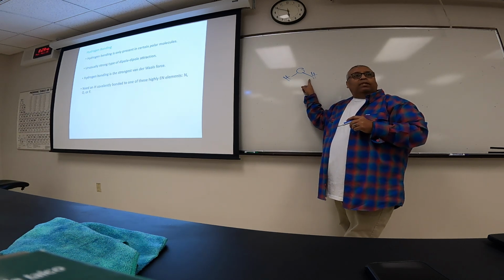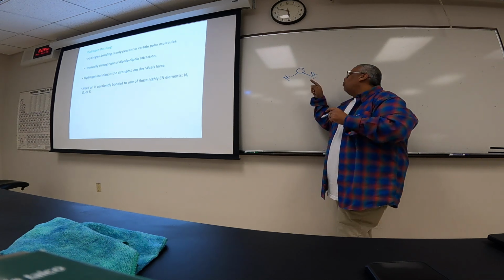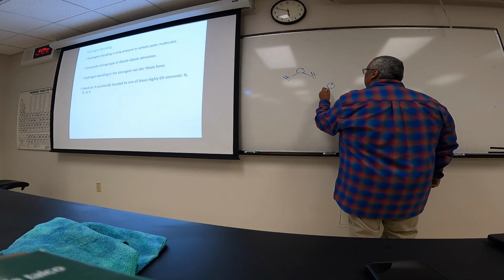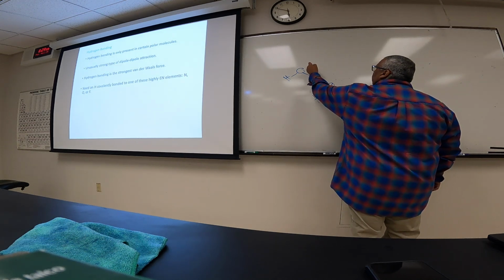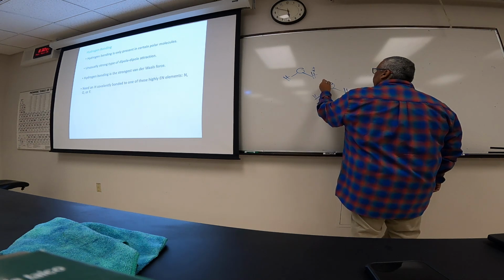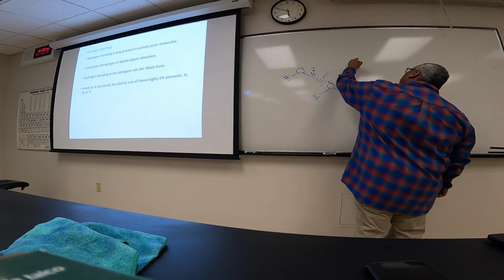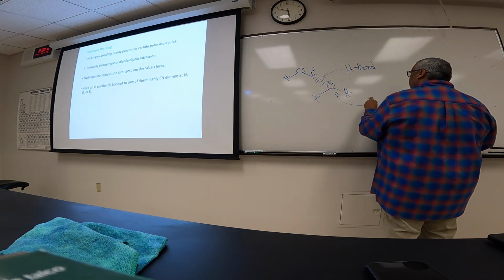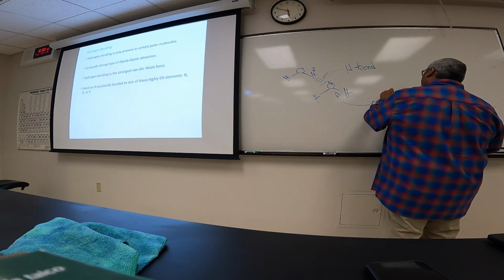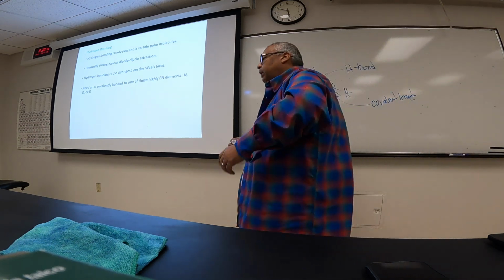This is a covalent bond, an intramolecular force. The hydrogen bond is an intermolecular force. The attraction between this hydrogen and this oxygen creates a hydrogen bond. This here is simply a covalent bond.